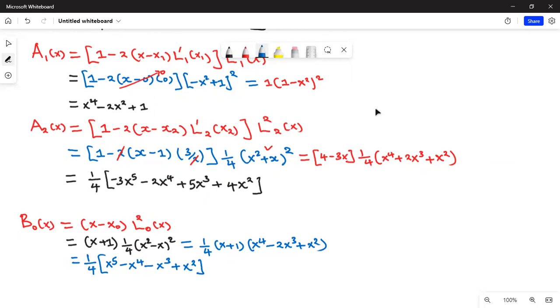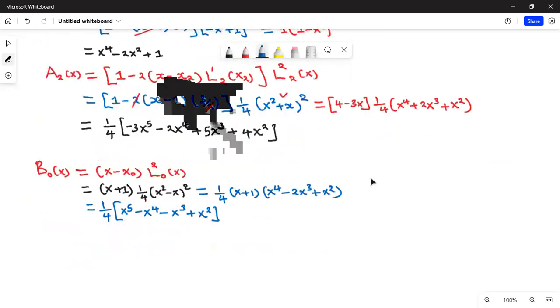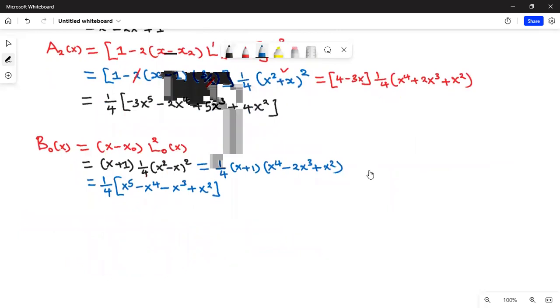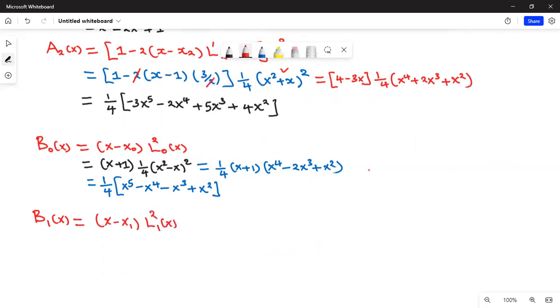Let us find b1 of x. Again, from the definition, b1 of x is equal to x minus x1 times L1 of x, and the whole of this should be squared.